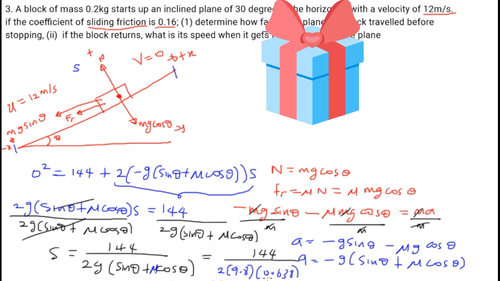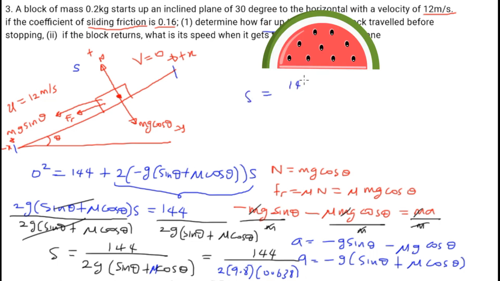If we multiply 0.6385 by 9.8 and then by 2, that will be 12.516, so s will be equal to 144 upon 12.516, which is equal to 11.5 meters. So 11.5 meters is the distance up the inclined plane.